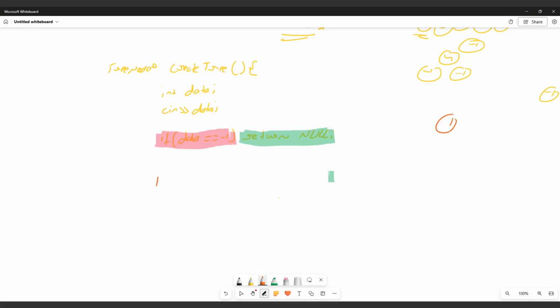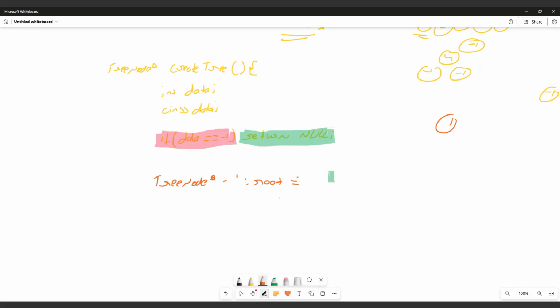So how can we create it? TreeNode star. And I am just calling it a root, because root is a good word. This is root one.